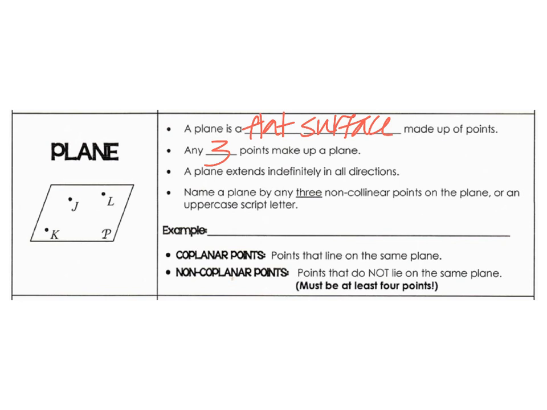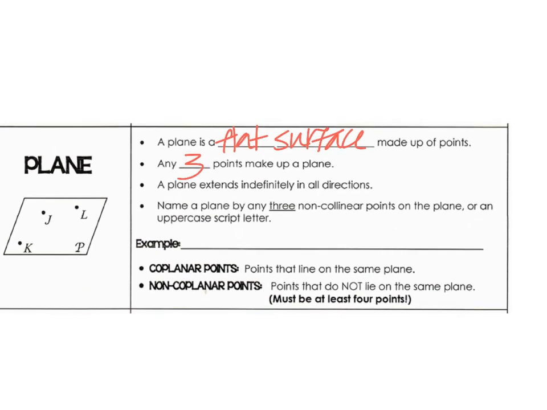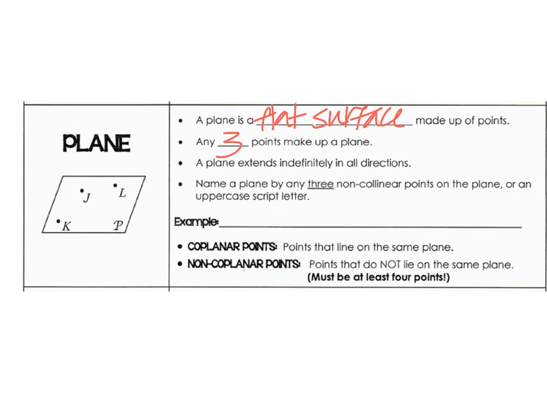Now we name a plane by any 3 non-collinear points on a plane. All right, and the key word here is non-collinear. So they have to be 3 points that do not lie on the same line. And we could use an uppercase script letter. So for example, in this problem right here, there's an uppercase P that represents this plane.